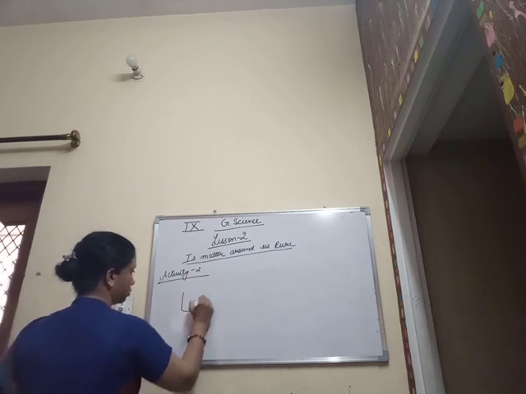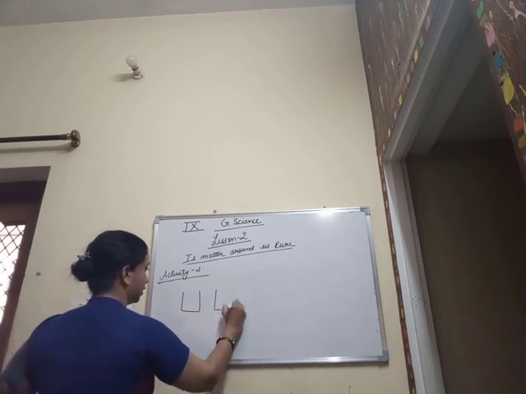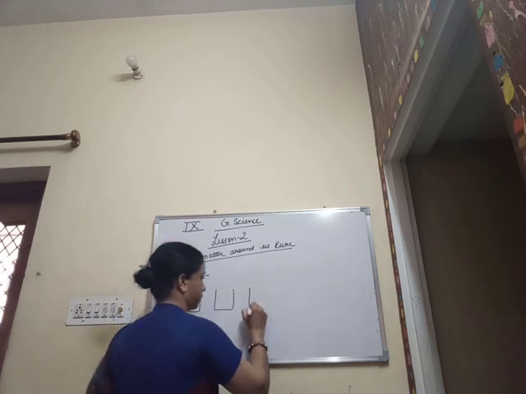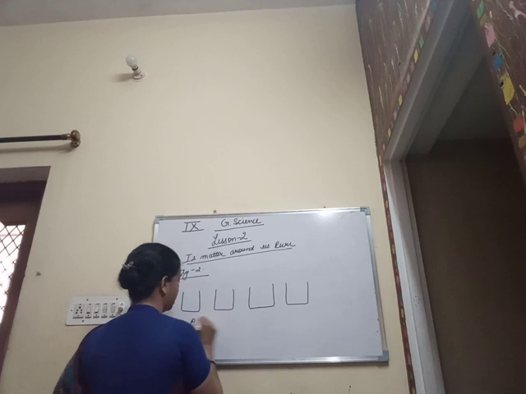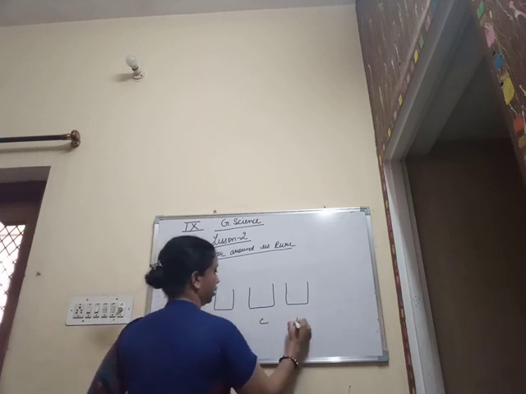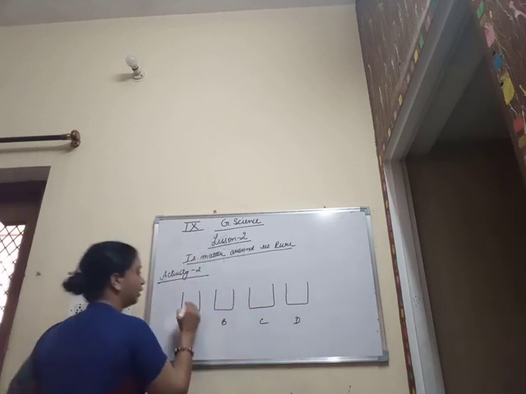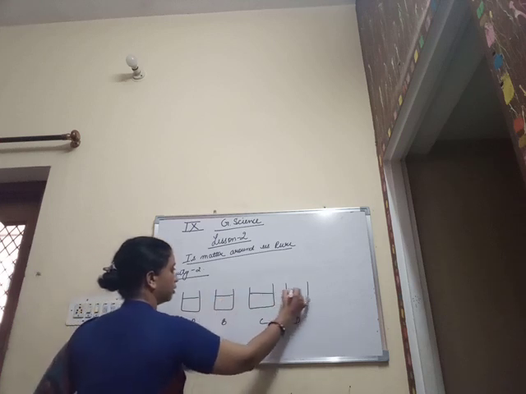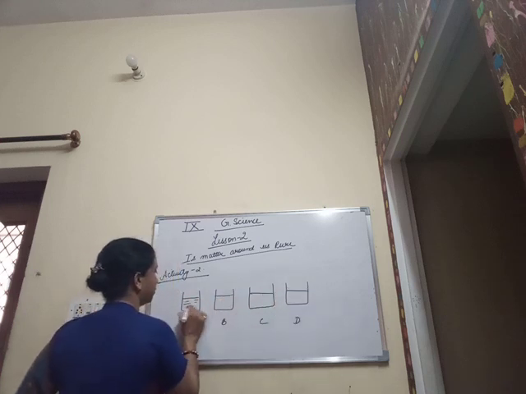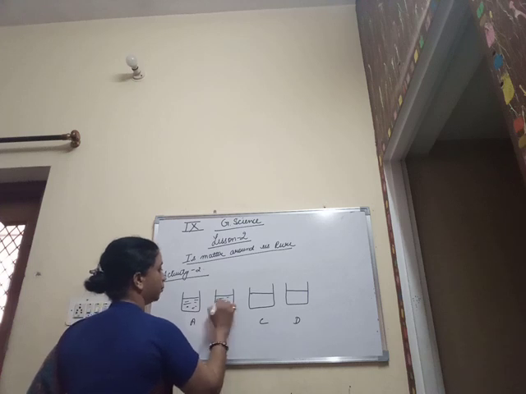In this we are going to take 4 beakers of equal sizes, that is beakers A, B, C and D, and we are going to put an equal amount of water in them, say 50 ml of water.